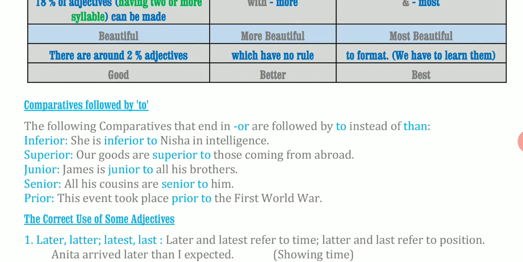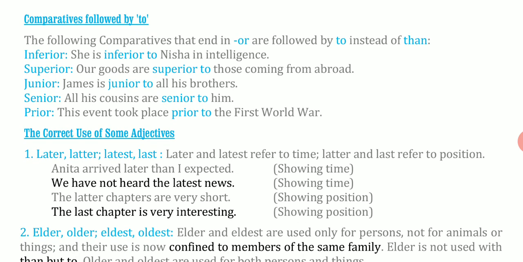Now this is an extra rule, comparatives followed by to. We know that in comparative degree we use than, but the following comparatives that end in or are followed by to instead of than. These are inferior, superior, junior, senior. Like, she is inferior to Nisa in intelligence.